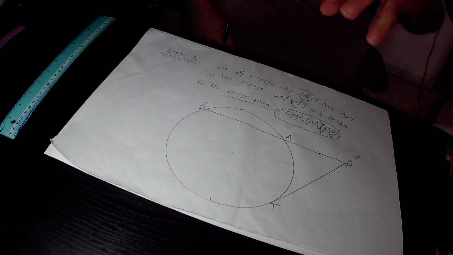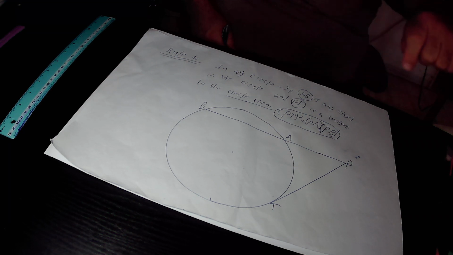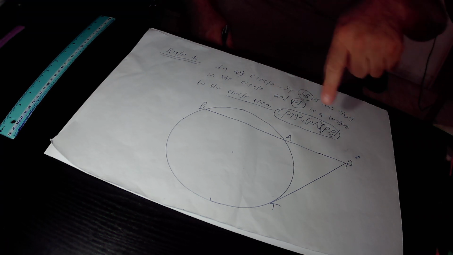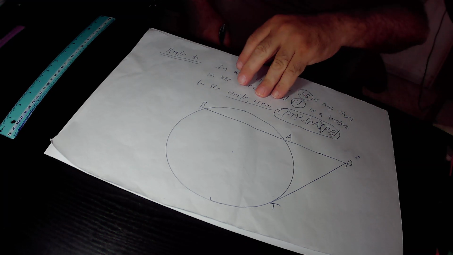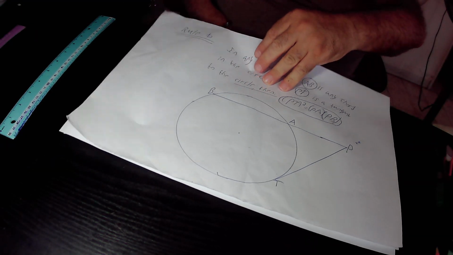In this case, the following equation will be true: PT square equals PA times PB. Again, PT square equals PA times PB. We can implement rule 10 in our drawing.